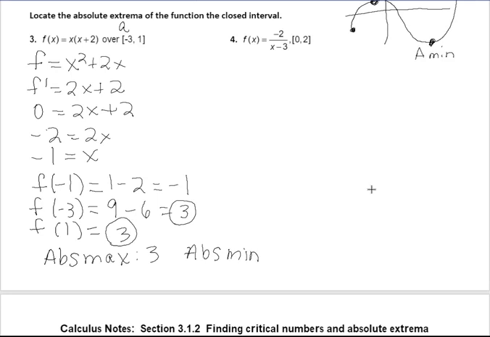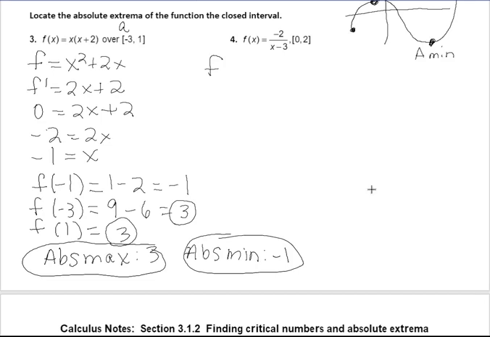That's the lowest y value that we have. So there's the absolute max 3, absolute min negative 1. Okay? And you could look at that parabola on your graphing calculator and you could see that pretty well, why that happens. All right, let's do the same thing here, finding our absolute extrema.